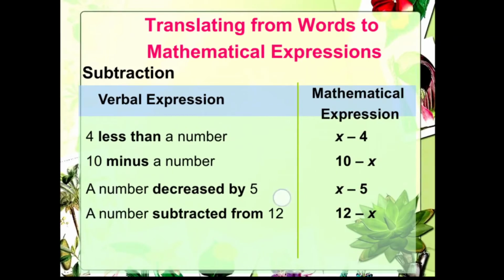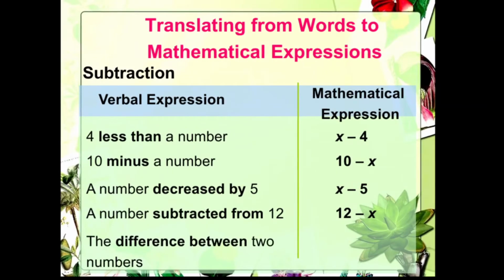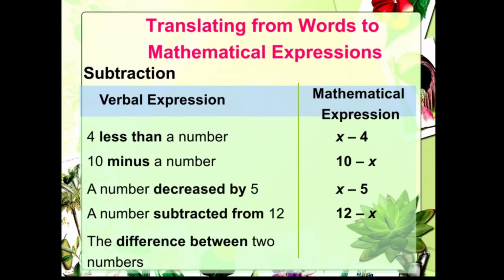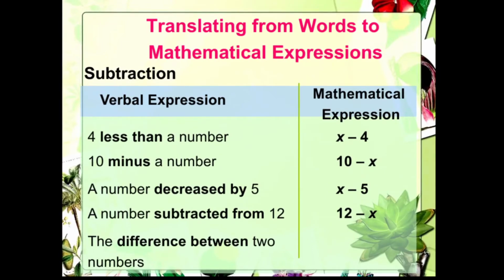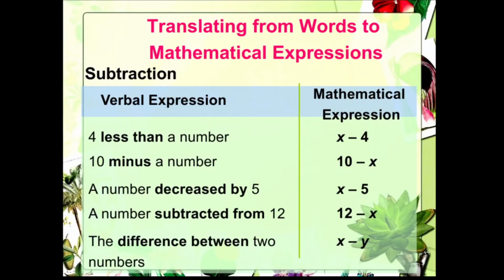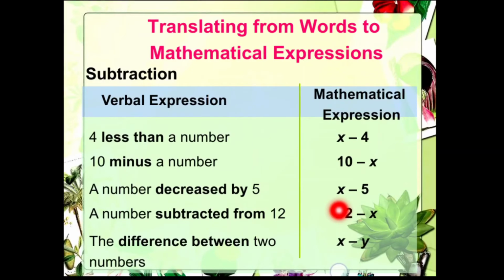Next, the difference between two numbers. As you can see, we have two missing numbers. So we will use two letters. So in this case, we will use x and y. So x minus y. The difference of two numbers, x minus y.